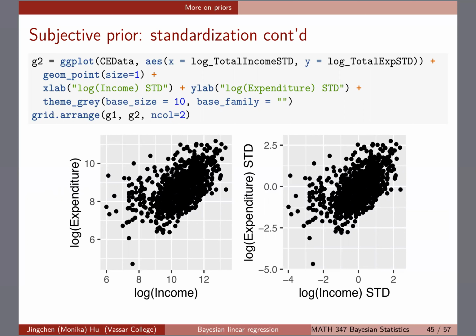And what we mean by the same scale: if you look at the plot on the right, you can see that the log income on the x-axis ranges from -4 to +2, whereas the standardized log expenditure is from -5 to 2.5. So the data is definitely skewed in some way.